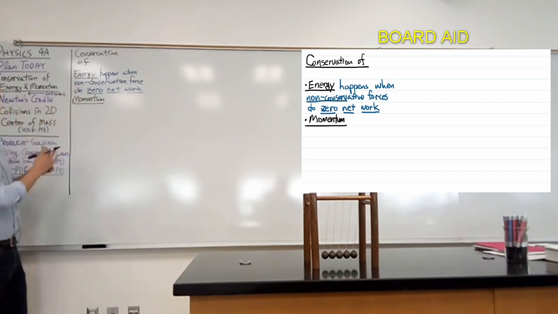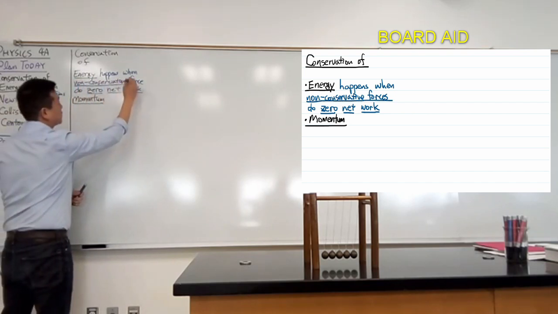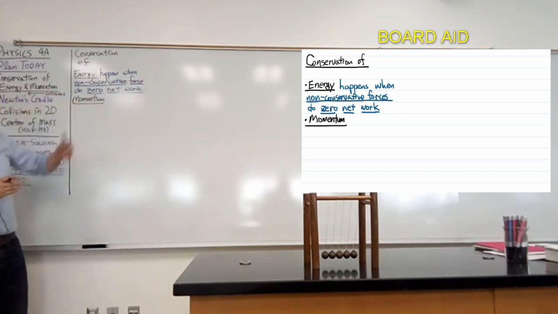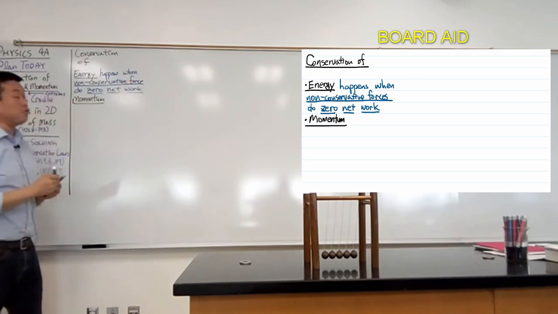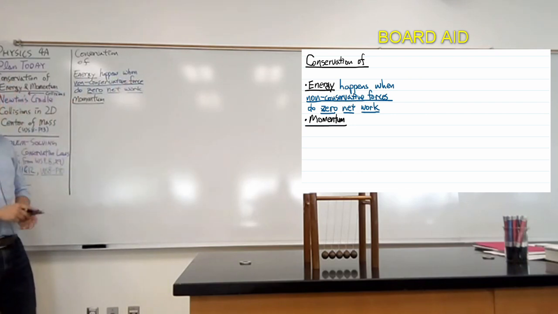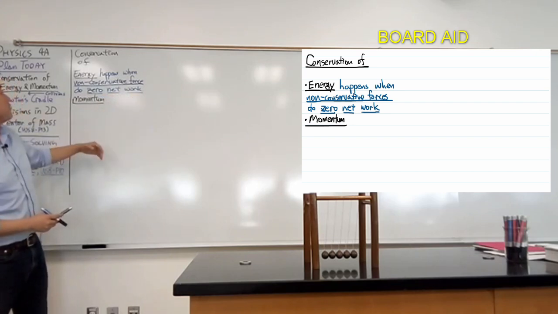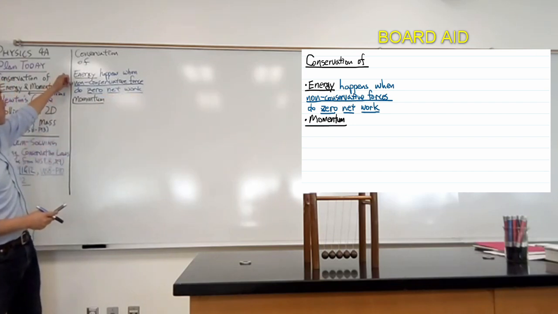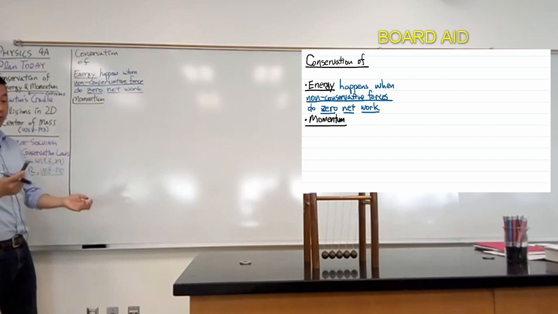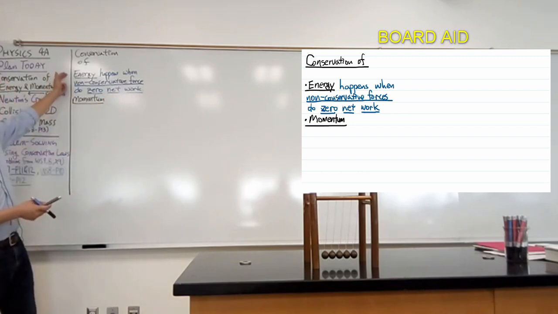It matters that it's the non-conservative forces that you are worried about. And it matters that you can have non-conservative forces as long as they are not doing net work. So it's when you have non-conservative forces doing non-zero net work that mechanical energy may not be conserved.